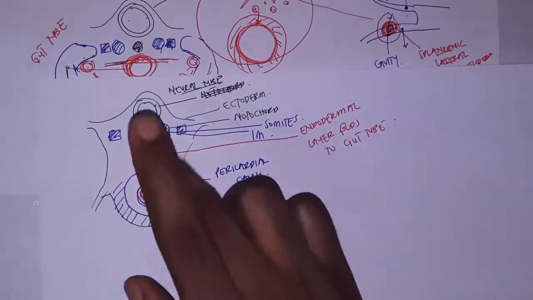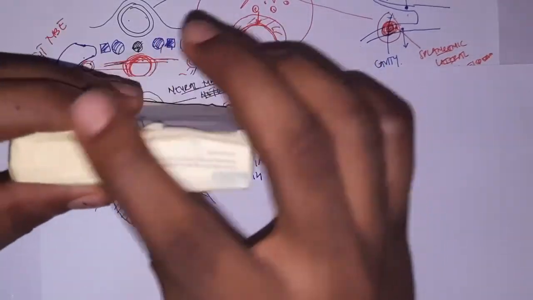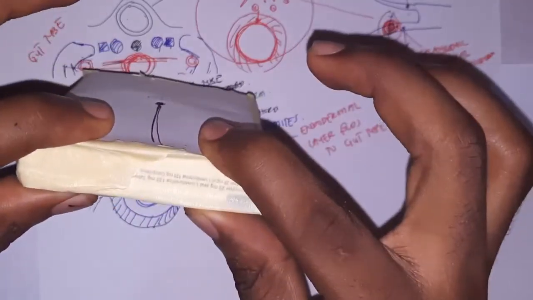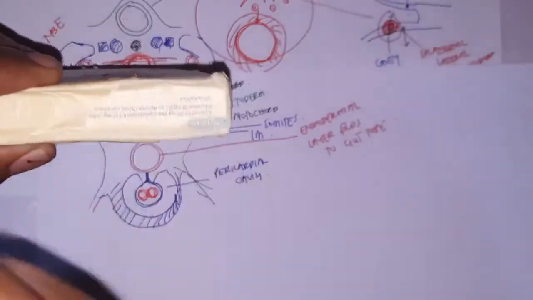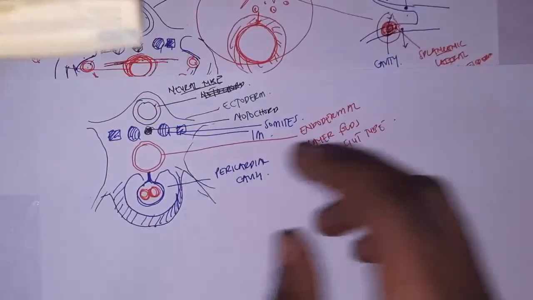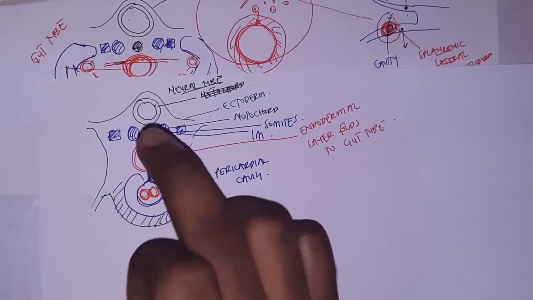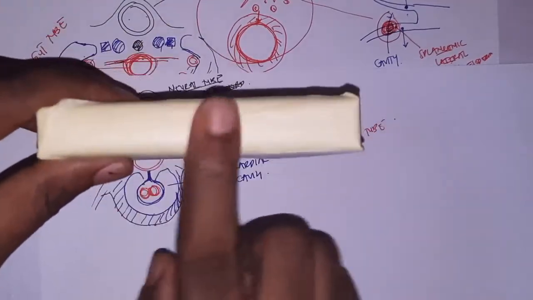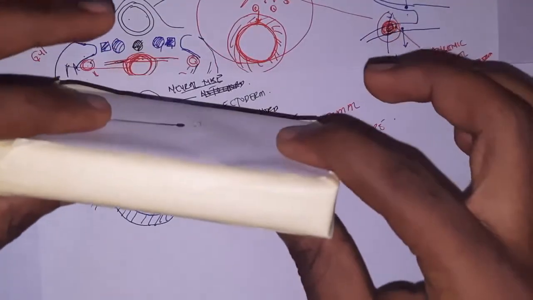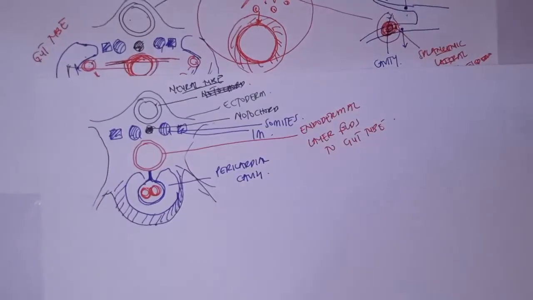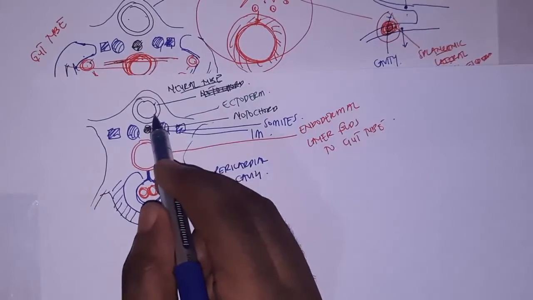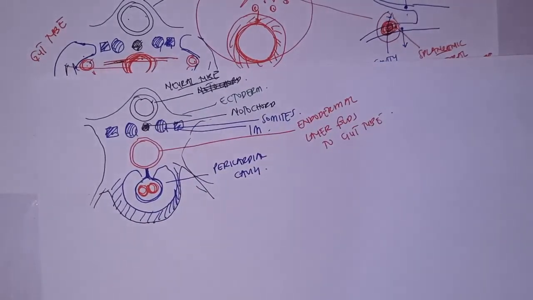Now remember, this view is us looking at it this way, not this way. We've cut it this way, so I'm looking at it this way. Now, if we want to look at this picture from this perspective, remember it's still a layer that has folded. You are going to have this neural tube here.